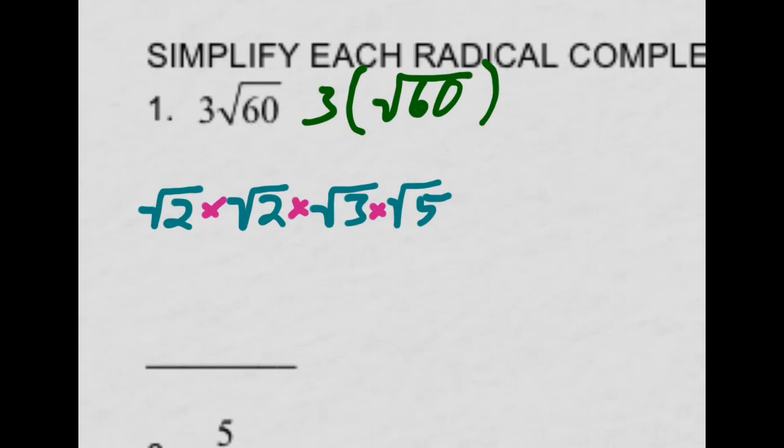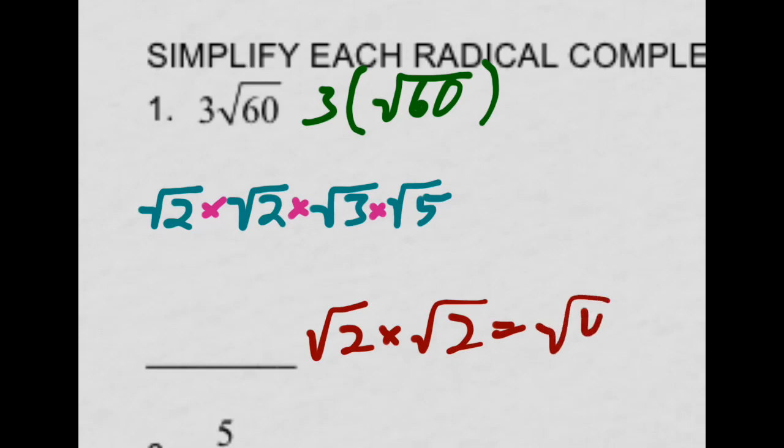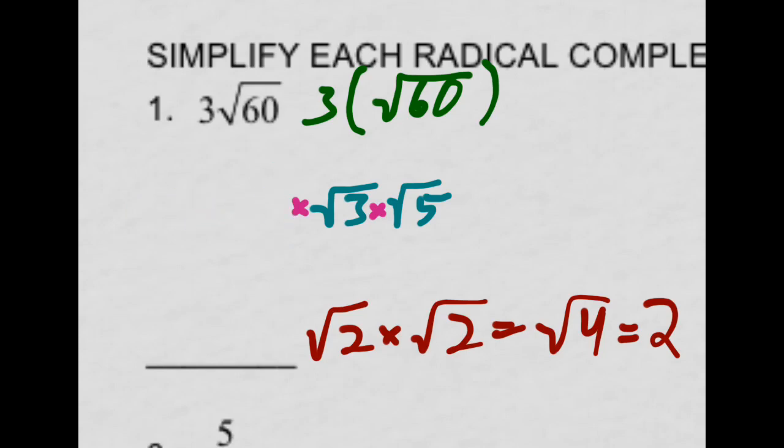So I know that the square root of 2 times the square root of 2 is the square root of 4. And what is the square root of 4? 2, right? So I can take the square root of 2 times the square root of 2, and it becomes 2, right?